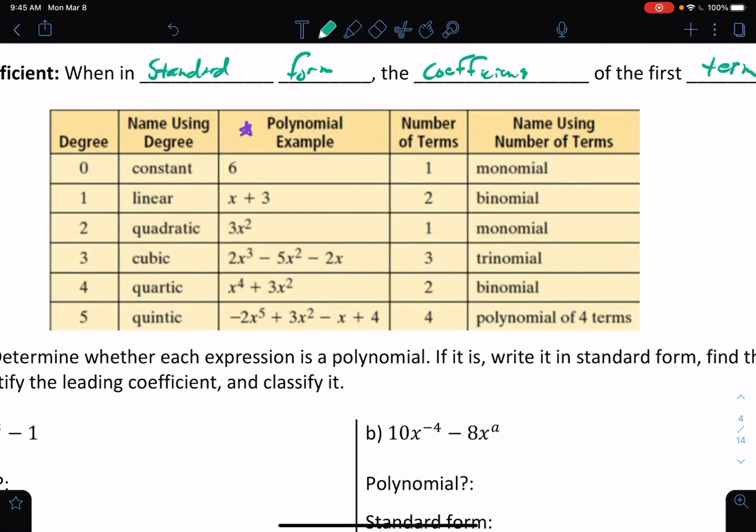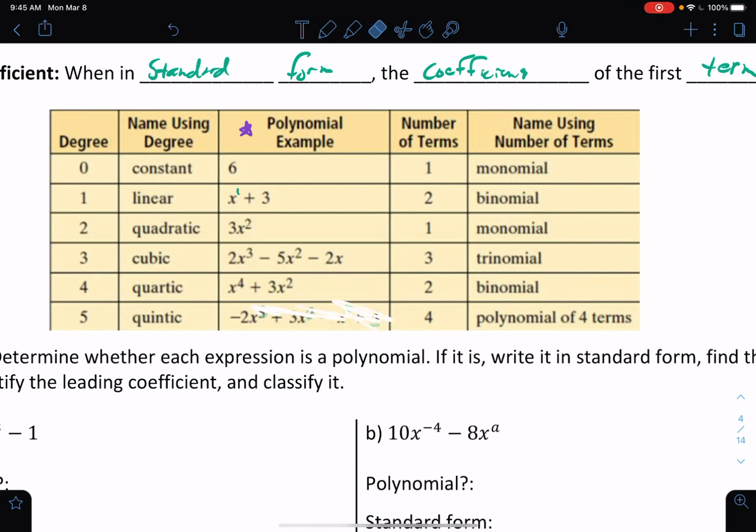We could have a degree of 0, which is just a number. A degree of 1, because x to the first plus 3. A degree of 2, 3x squared. A degree of 3, because our first thing is 2x to the third. If you notice in all of these examples, they're written in standard form because they're in decreasing order in terms of your degrees. Like this quintic function has an exponent of 5, then 2, then 1, then your constant.